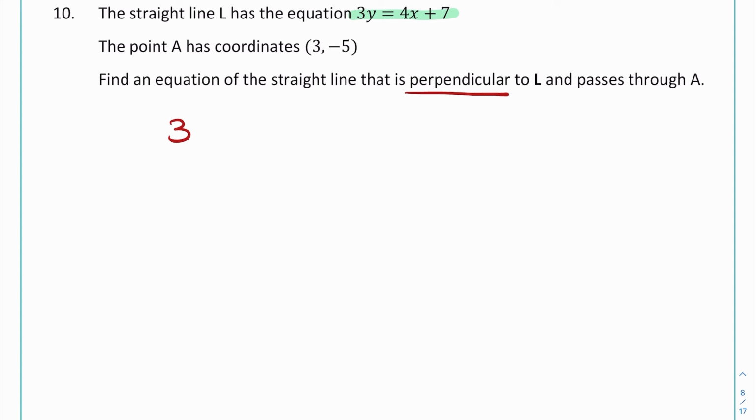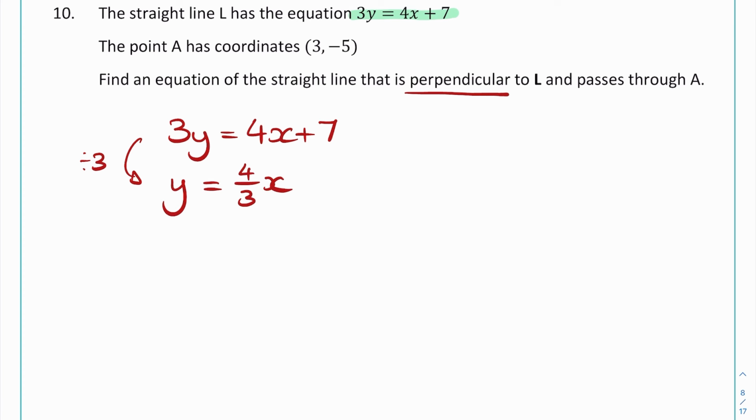So we want to divide that equation by 3 so that it has y equals at the start. When we do that, we just need to make sure we divide both sides by 3, so that will become 1y. This will become 4 divided by 3x, or 4/3 x, and then we get 7 over 3 at the end. So if we write down, and I always use the letter m for my gradient, m is equal to 4/3.